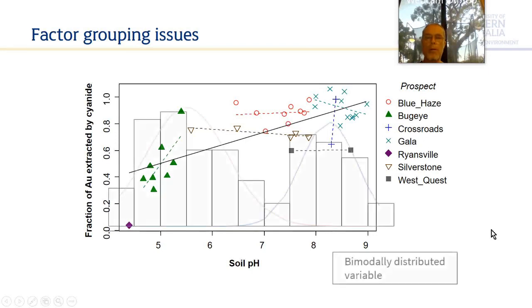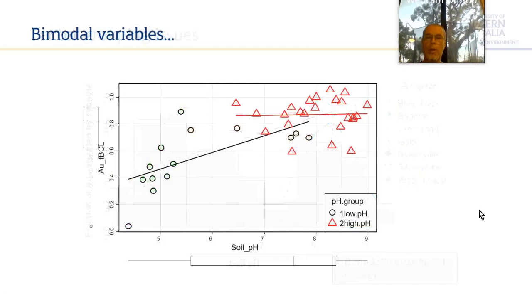And the explanation for that was that the pH itself is a bimodally distributed variable. So my regression relationship was invalid for that reason. And what would make more sense is if we had a separate relationship for each mode or part subpopulation of the pH distribution, which is what I did, and that made a lot more sense. We have a pH group of low pH and a pH group of high pH.